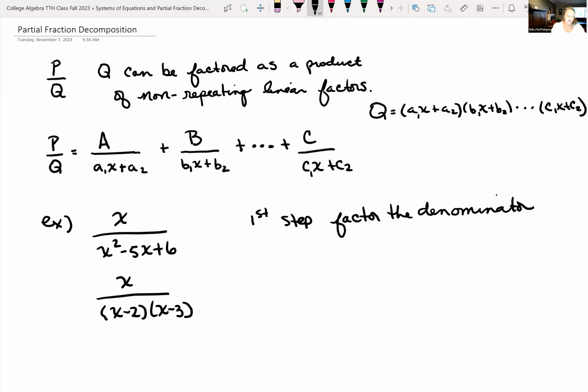So now let's rewrite this as a sum of rational expressions.